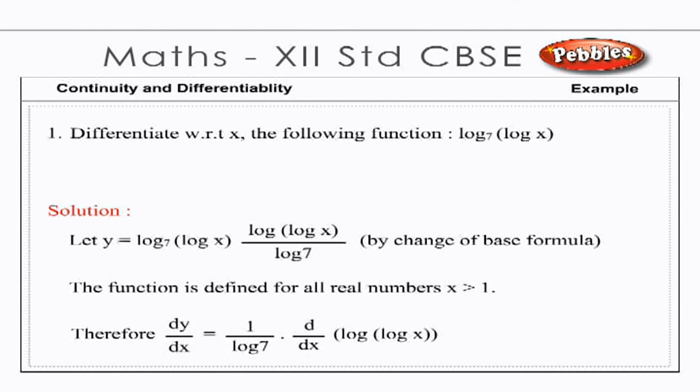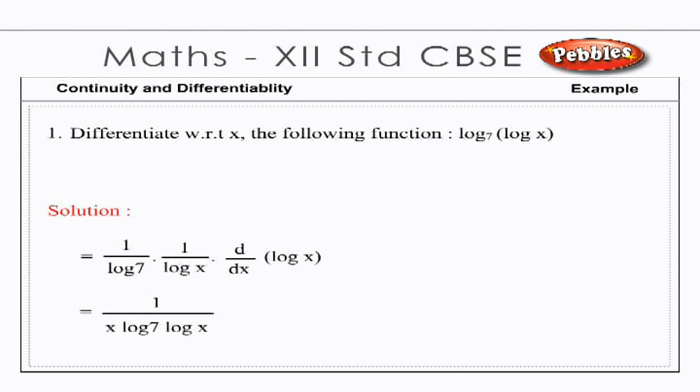Therefore, dy/dx = (1/log 7) · d/dx(log(log x)) = (1/log 7) · (1/log x) · d/dx(log x) = 1/(x log 7 · log x).